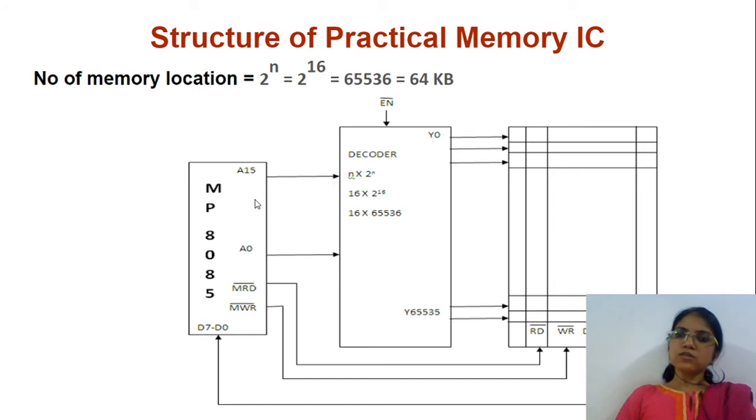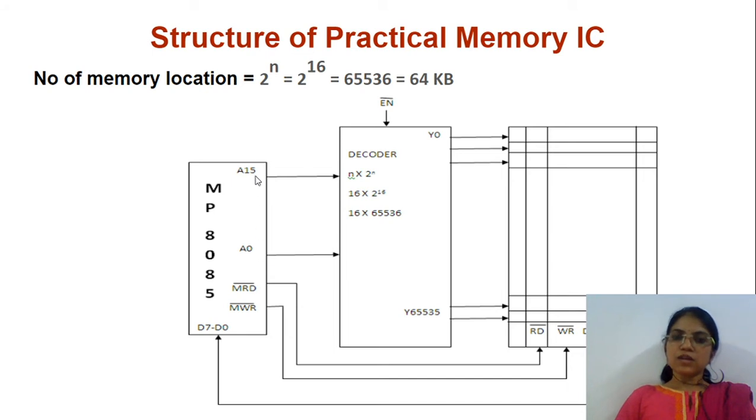To specify the particular memory location, whatever the location is, that address we first transfer on the address lines of the MPU 8085. Here 16 address lines are there, and we are considering the 4-digit hexadecimal address, that is 0001H. So convert that hexadecimal address into binary form and transfer that binary address on A15 to A0 first.